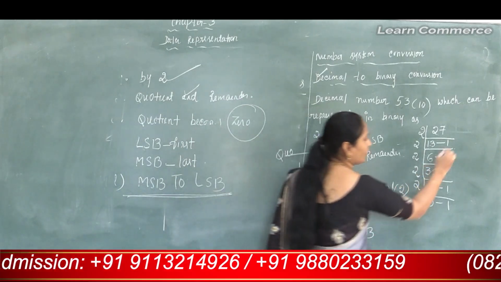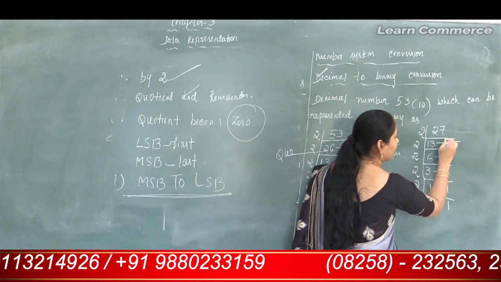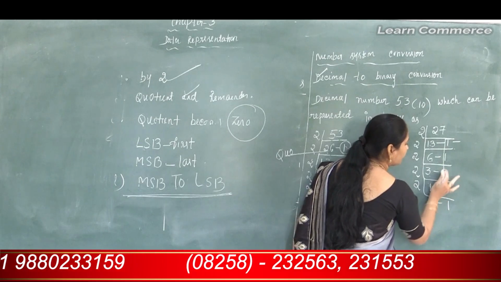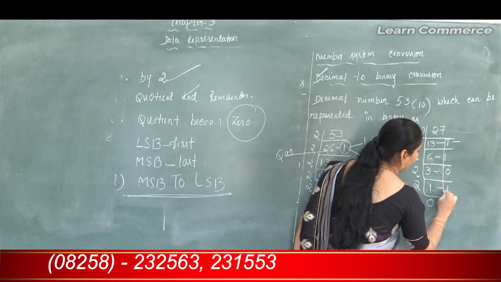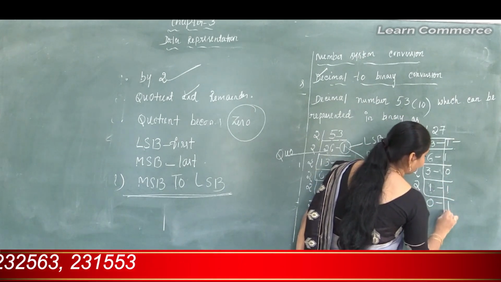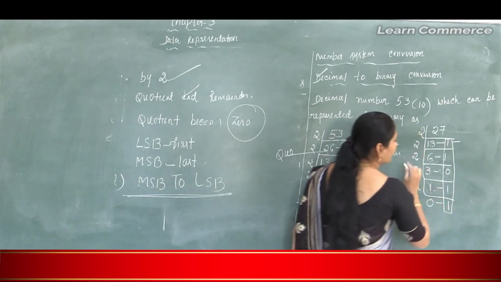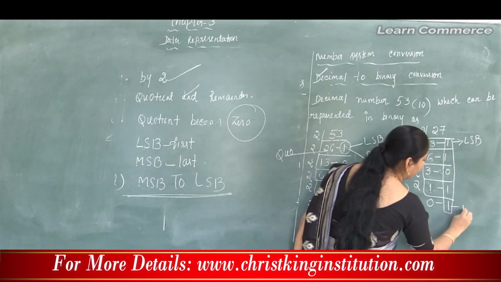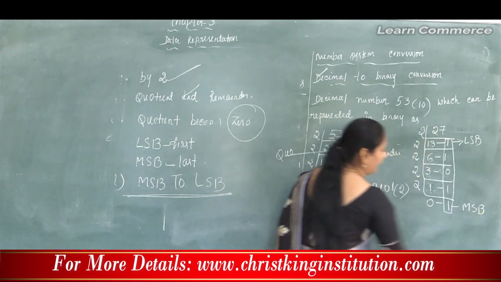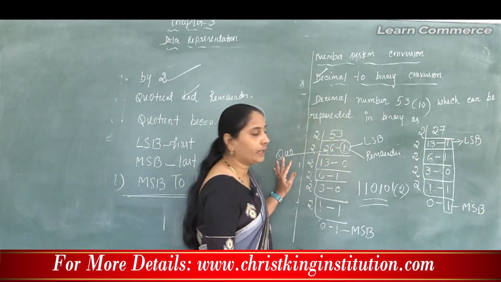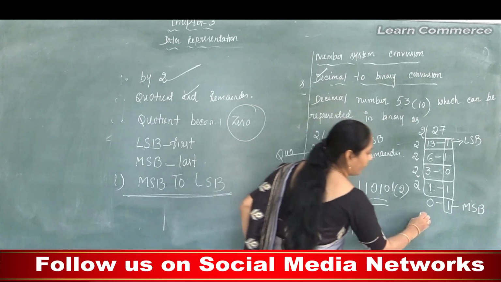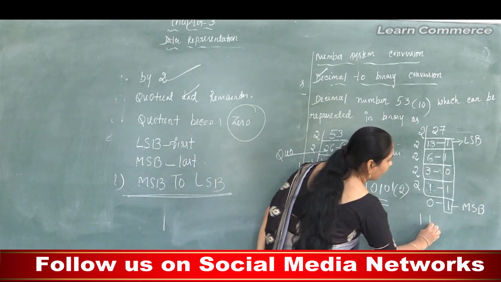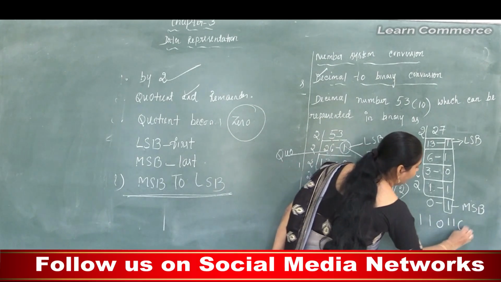And next, the first remainder, this is called the remainder. Clear this point here. So the first remainder is the LSB and the last remainder is called the MSB. That means the equivalent binary number is written from MSB to LSB, left to right: 11011 base of 2.